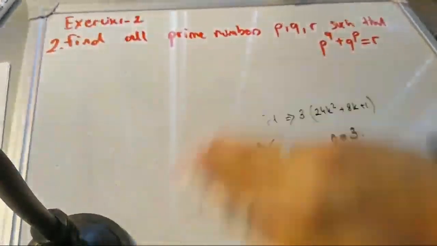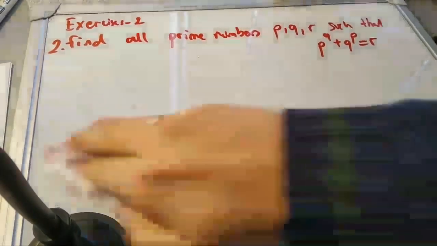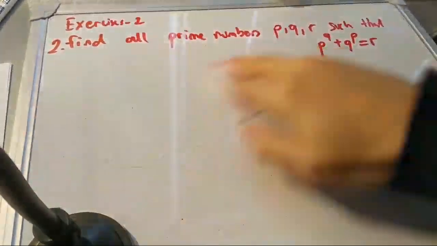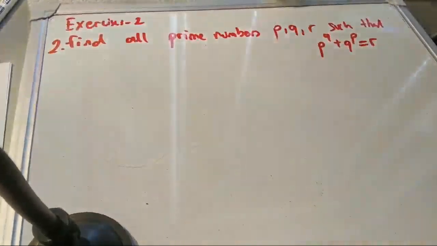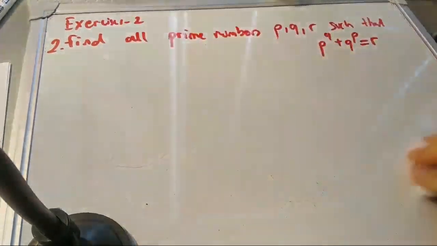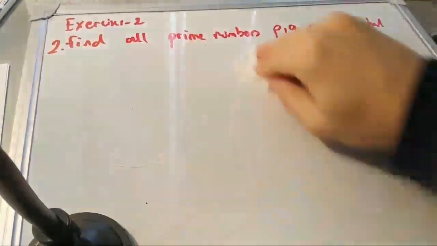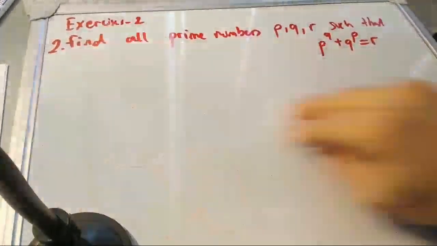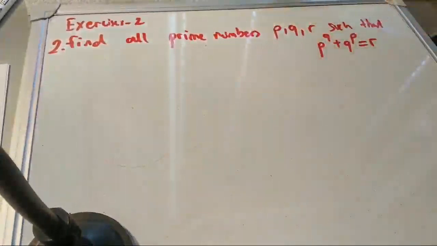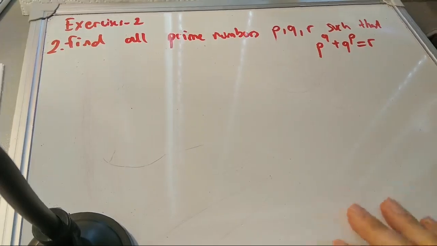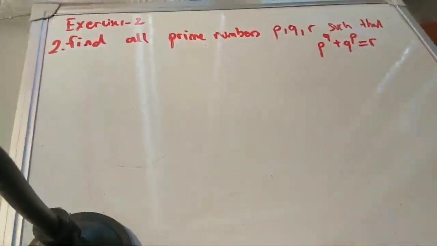We have to consider all possibilities for p, q, and r. Try to do something first, please. Examine it.